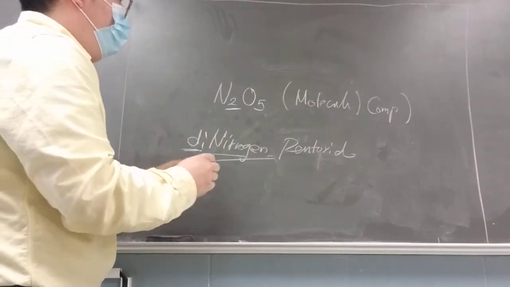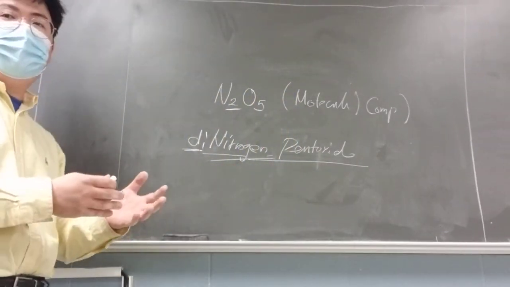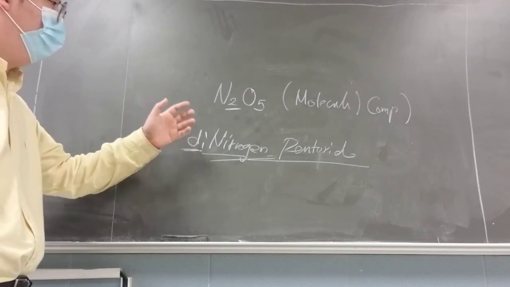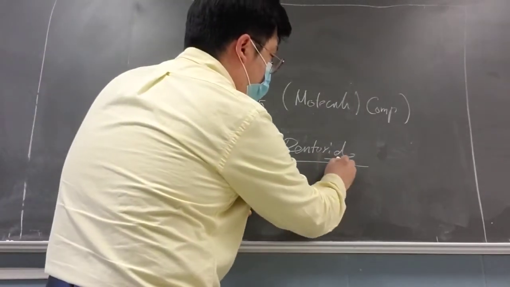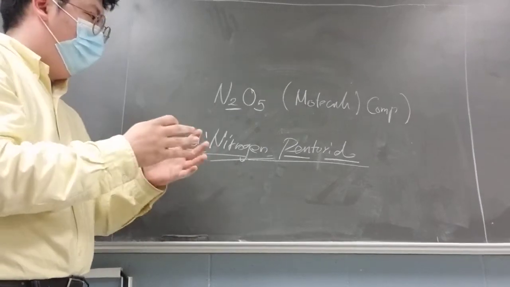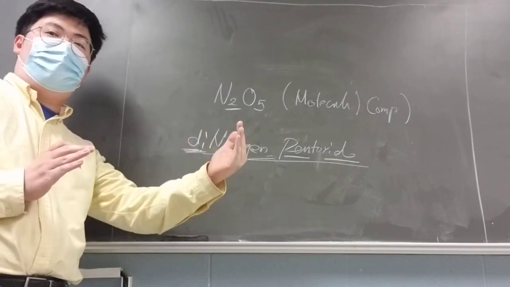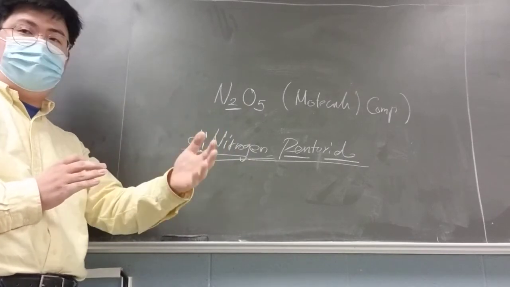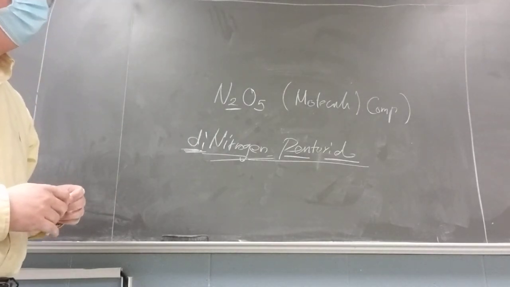In this case, because we don't know how many of each are there, we use numbers for each of the nitrogen and oxygen. We also do the ide for this one as well. But additionally, numbering each element in the compound is necessary here. It wasn't necessary in ionic compounds, because we know the formal charge, so we can assume how many of each there are. For this one, it's hard to do the same way.